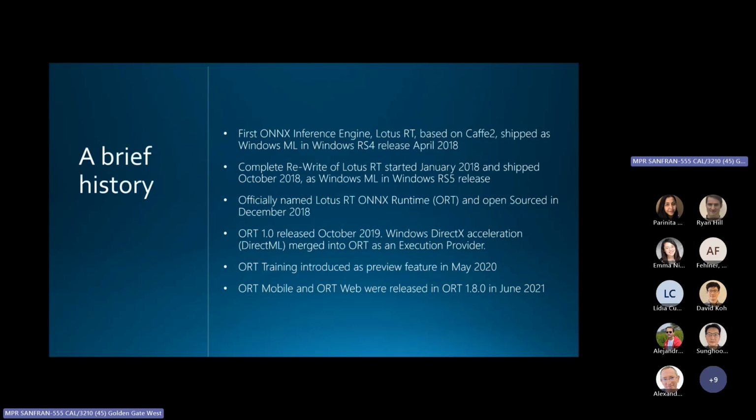After working with Windows, we found a lot of limitations in Caffe for scalability and extensibility, so we did a complete rewrite and redesign of ONNX Runtime. The new version of Lotus RT was shipped in the subsequent Windows release, RS5.